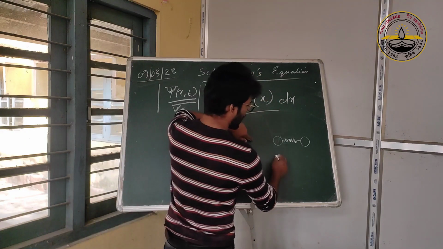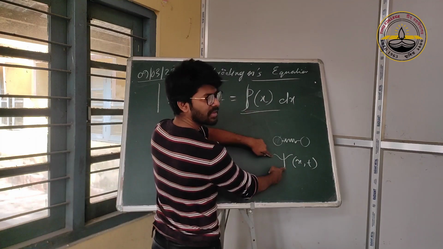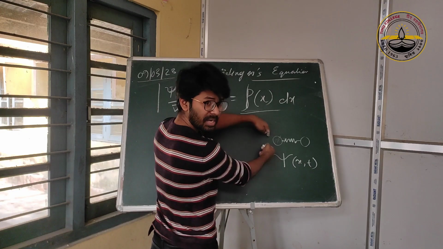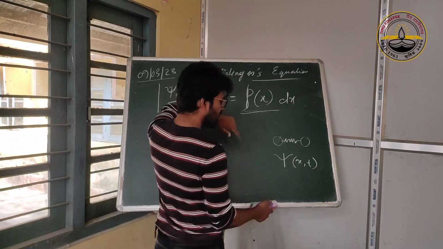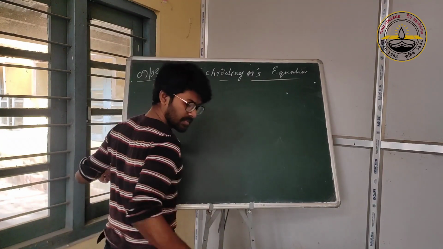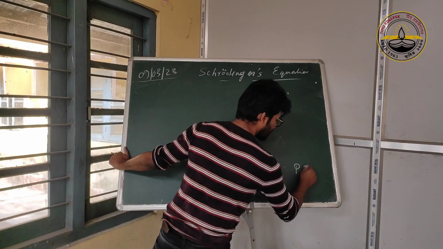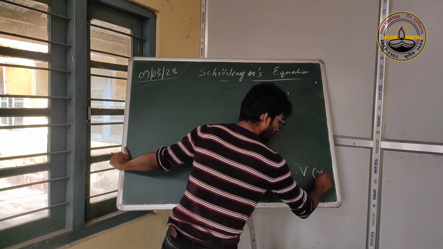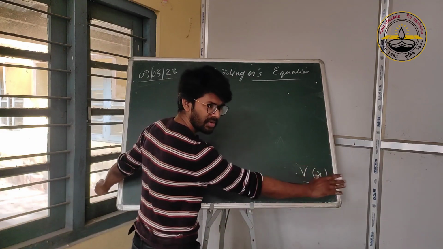And so we have to start with some wave function that describes this particle, right? How do we get this wave function? That's where Schrodinger's equation comes in. You have to know the potential function of the harmonic oscillator, or any other problem. It will be different for different systems.